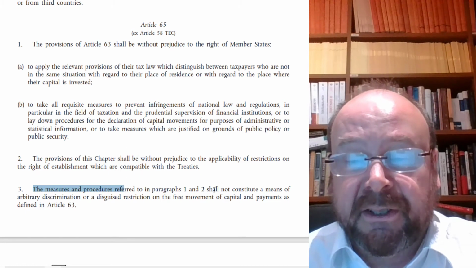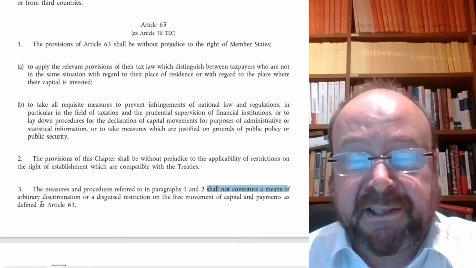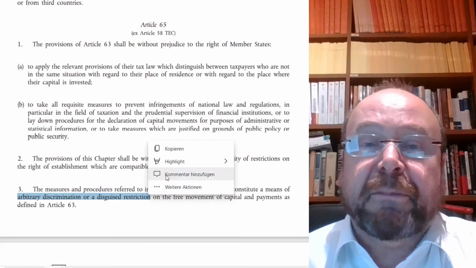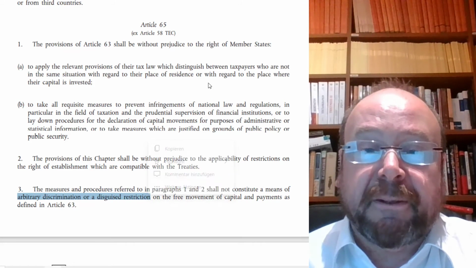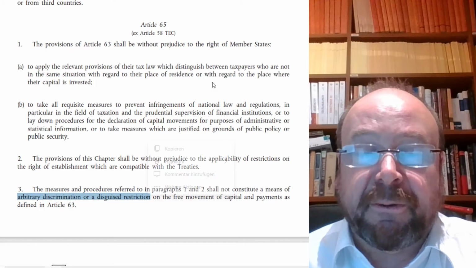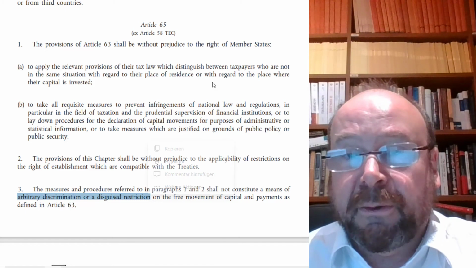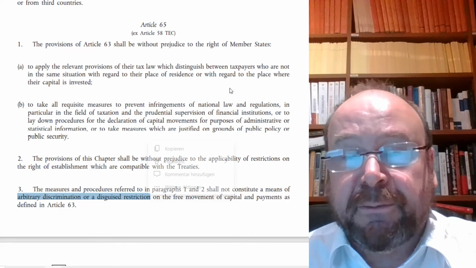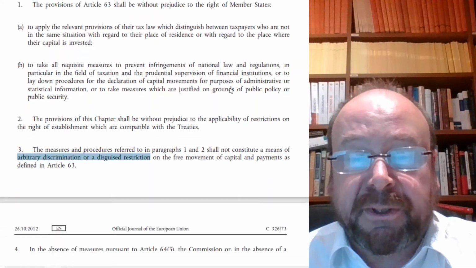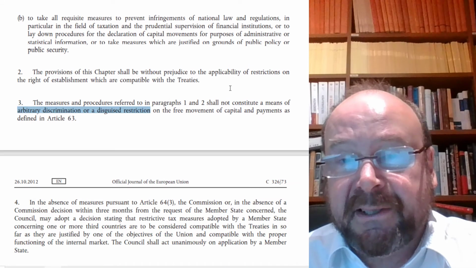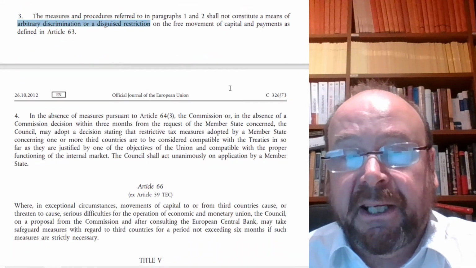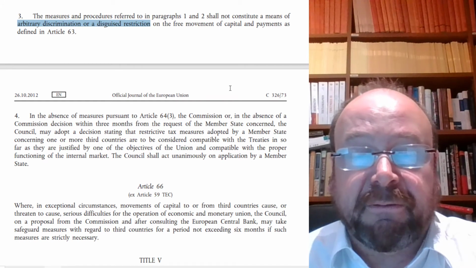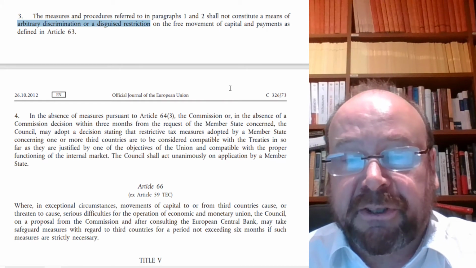These measures shall never constitute a means of discrimination or disguised restriction. That means nothing else than that the Article 65 clause just clarifies the legal situation. It says what is a restriction and what is not. This exception or clarification has to be interpreted in a narrow sense under the jurisdiction of the European Court of Justice.